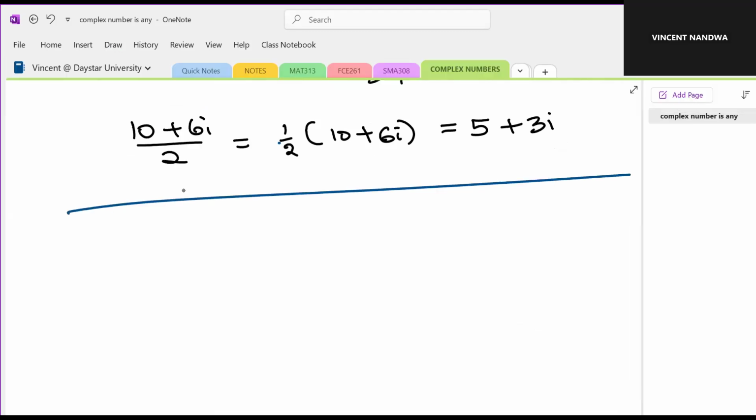So for us to define division, we need to first define a complex conjugate. So let Z given by x plus iy be a complex number.